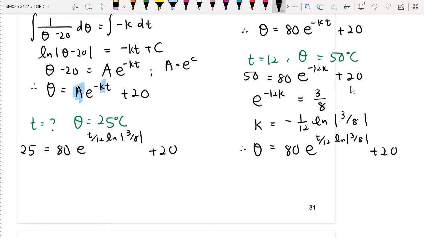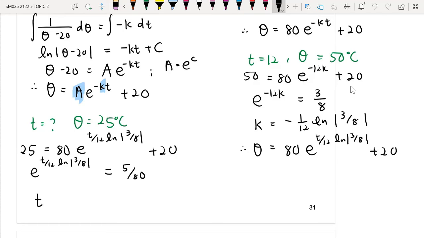Okay, so we can minus 20 and then divide by 80. Alright, so I would have now e to the power of t over 12 ln of 3 over 8 is basically 5 over 80. And then we can ln both sides. After that, rearrange back to find t.